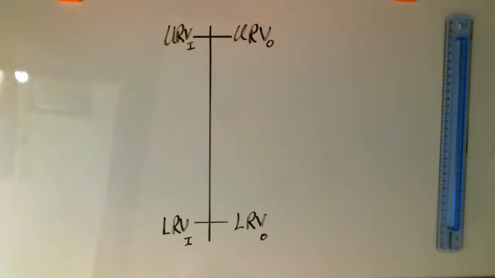Some of the signals that we have, in fact a lot of the signals that we use, do not start at 0. My favorite example, which we've discussed in class, is the 4 to 20 milliamp signal, and later we'll discuss why that is so popular.